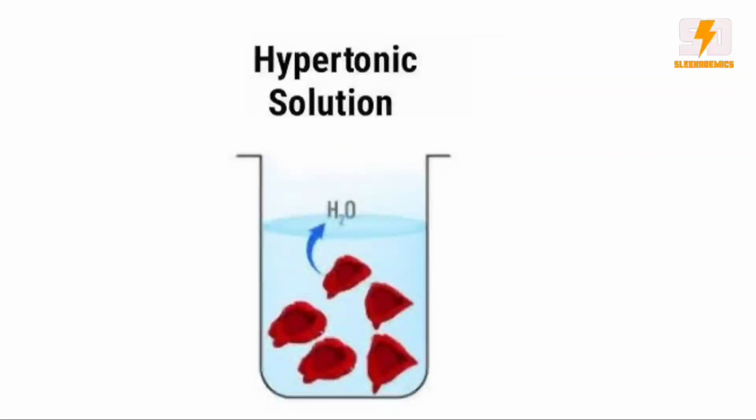Also, we have hypertonic. A solution is said to be hypertonic when the cell is surrounded by a stronger solution. Water will be lost by the cell and the cell will shrink as a result of the surrounding solution because it has lost water.